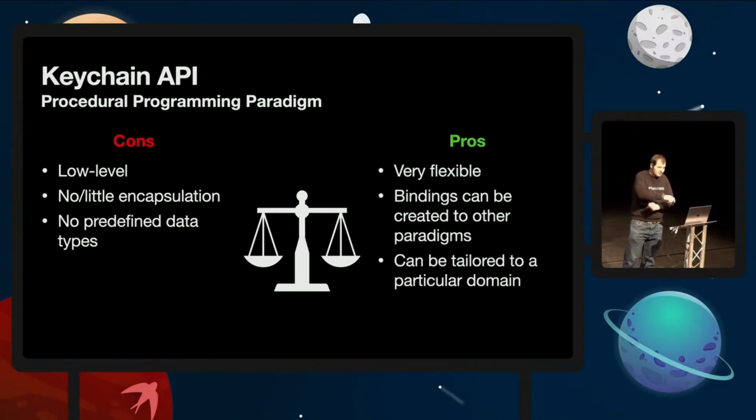On the other hand, there are lots of pros. It's very flexible. You can create bindings tailored to your specific use case, and you can even go as far as creating a keychain wrapper for your specific domain, and that's what we're going to do.